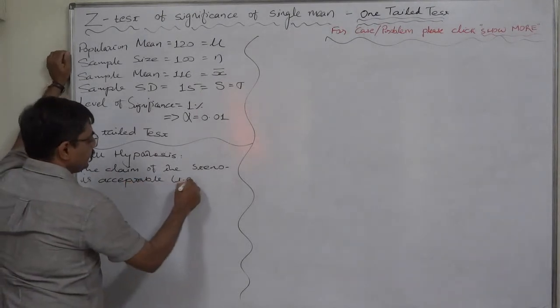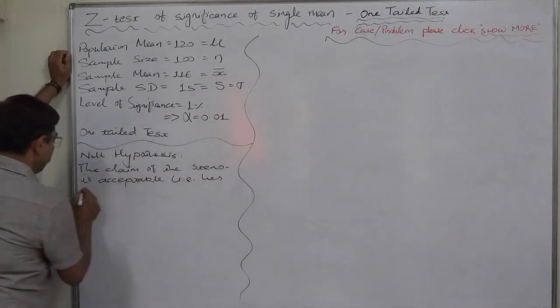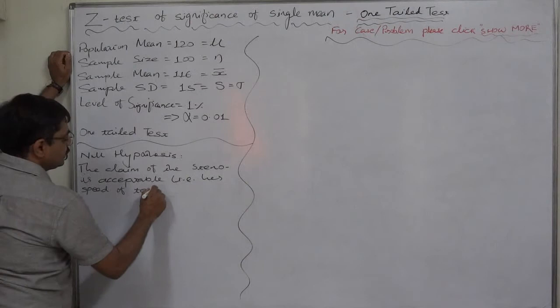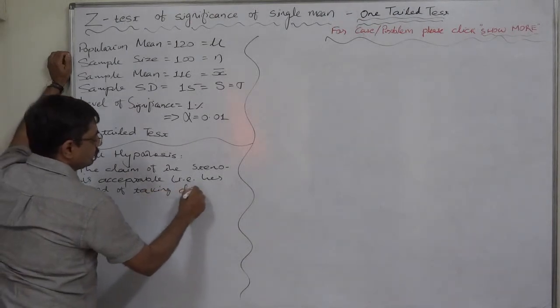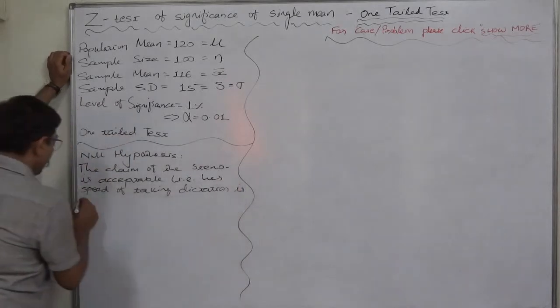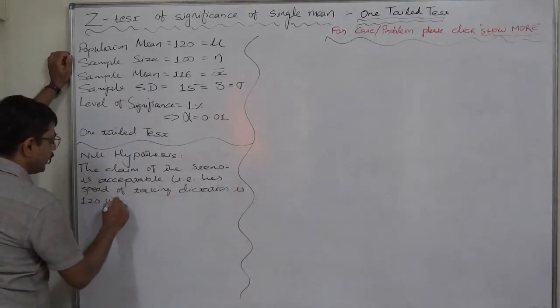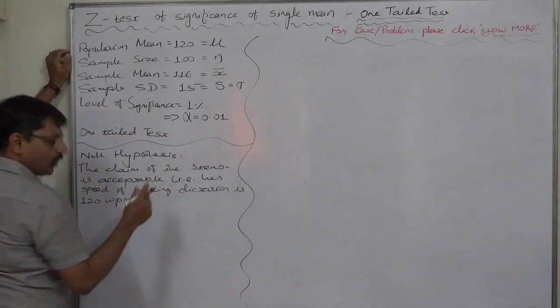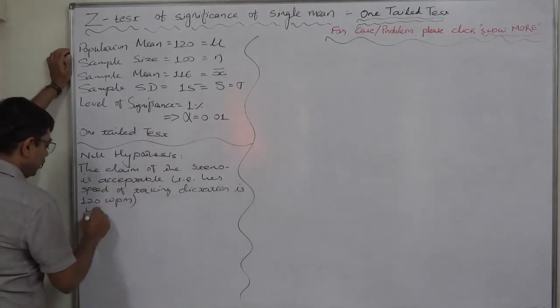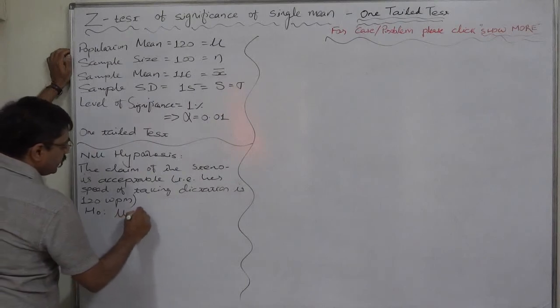That means her speed of taking dictation is 120 words per minute, or say more. H0 will be mu is 120.